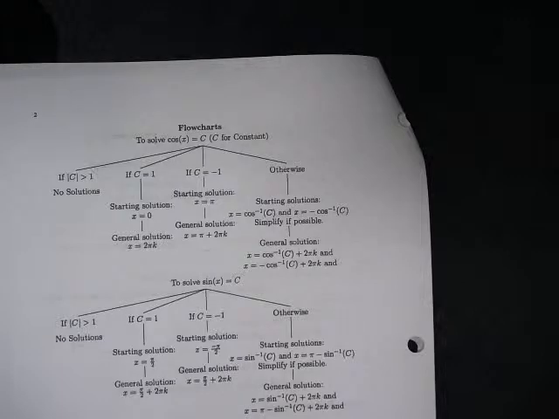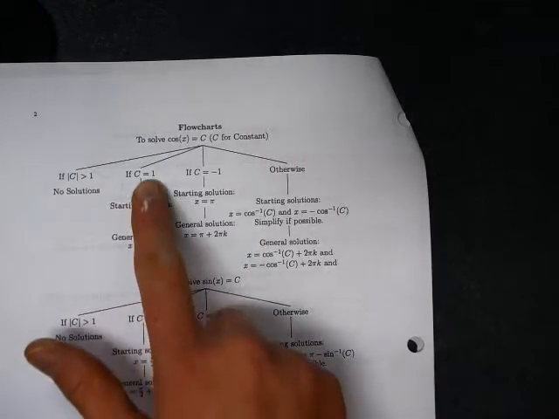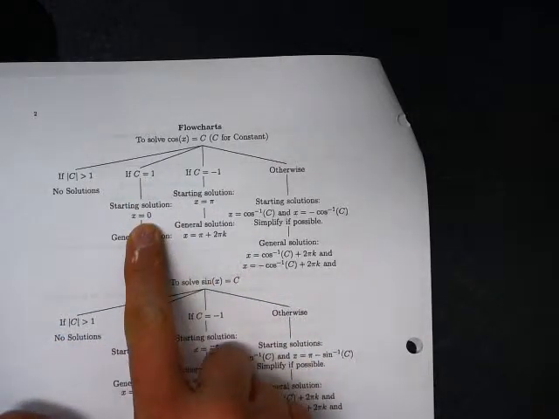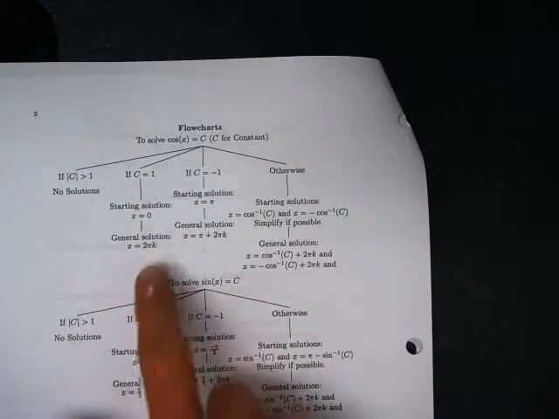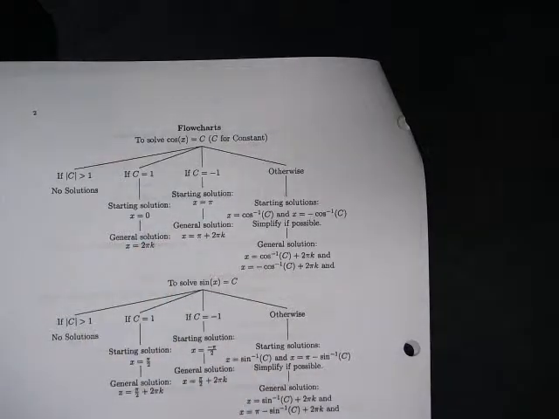What is this input which gives you cosine equal to 1? 0. What's the next input to the right where you see cosine equal to 1? 2 pi. And we didn't skip any solutions between. There's only one solution every interval of 2 pi. If you want to solve cosine of x is equal to 1, your starting solution is x equal to 0. The general solution is 0 plus 2 pi k, or just 2 pi k.